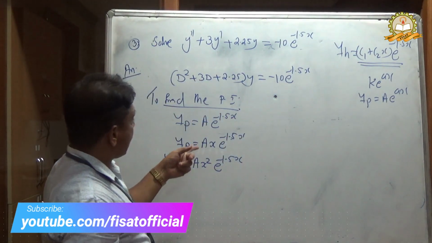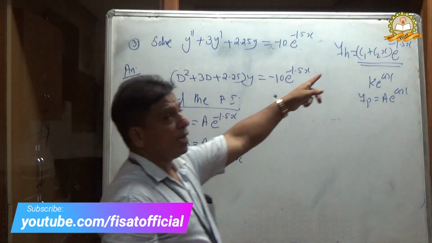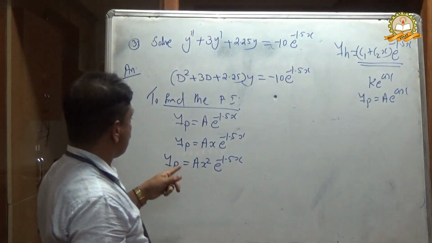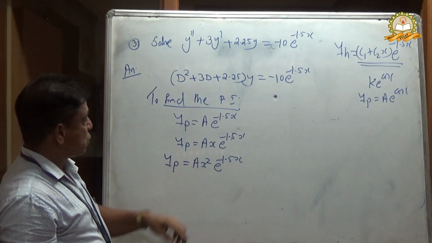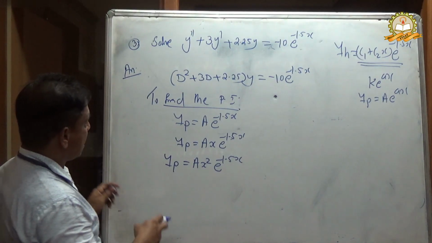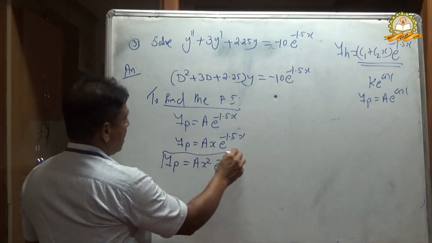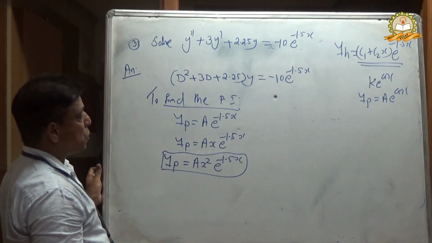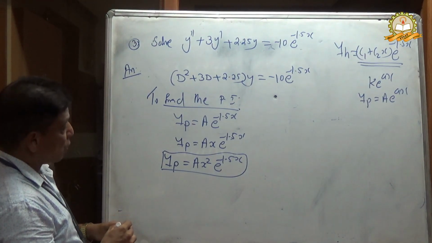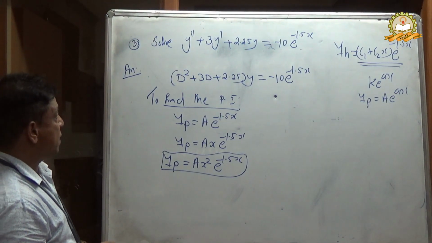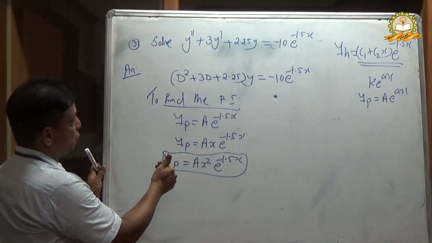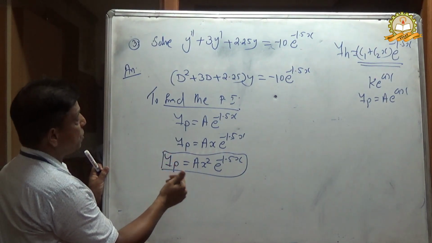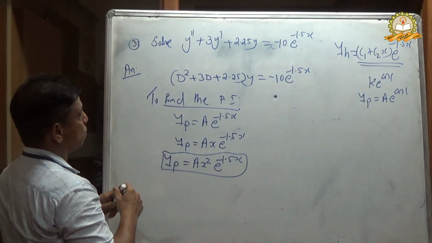When we multiply by x, that term again contains the homogeneous solution. Therefore, we multiply by x square. So yp is taken as a into x square into e raised to minus 1.5 into x. Then we take the first derivative and second derivative, and substitute into the given problem.